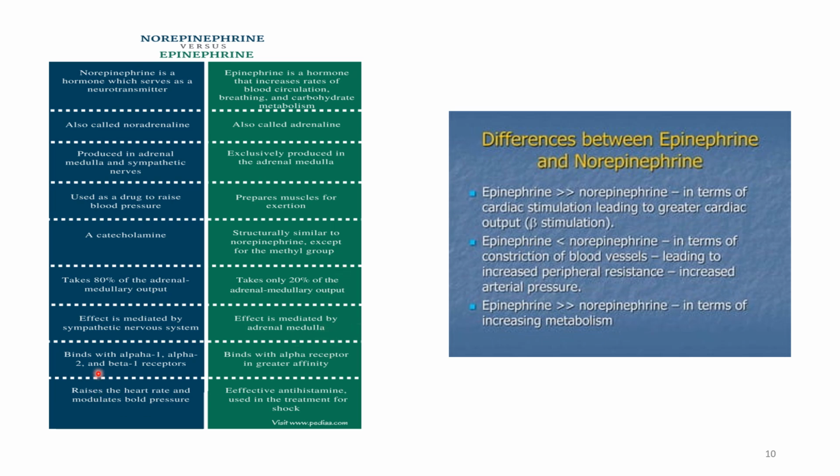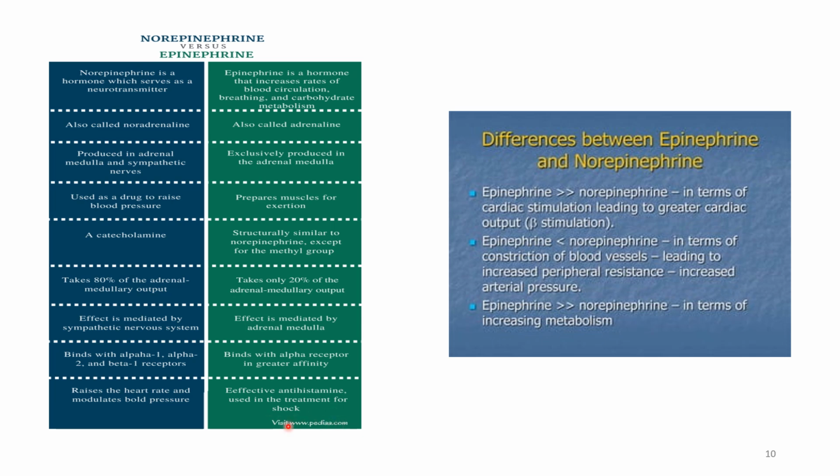Norepinephrine binds with alpha 1, alpha 2 and beta 1 receptors. Here, epinephrine binds with alpha receptor in greater affinity. Just when you compare this. Here, norepinephrine raises the heart rate and modulates the blood pressure. Epinephrine is an effective antihistamine used in treatment for shock.